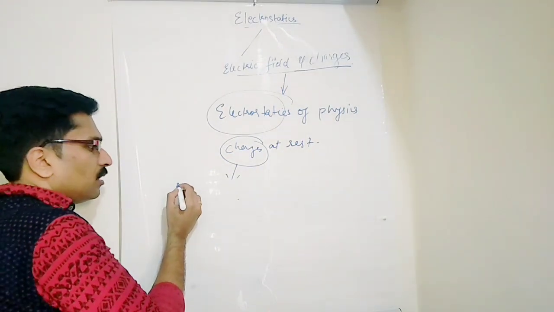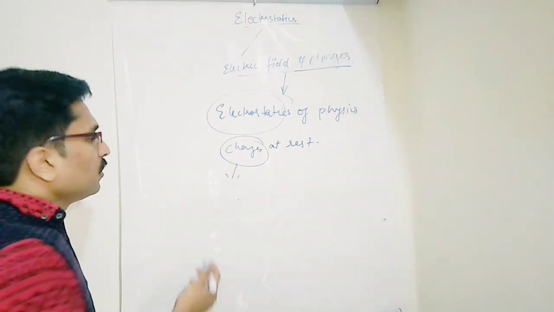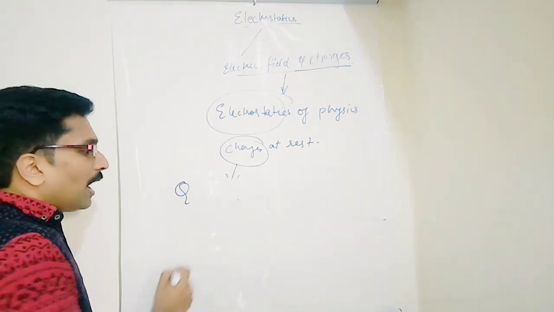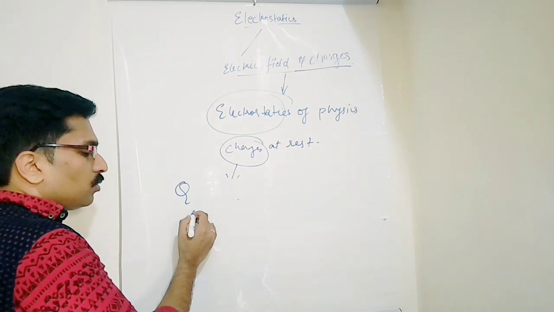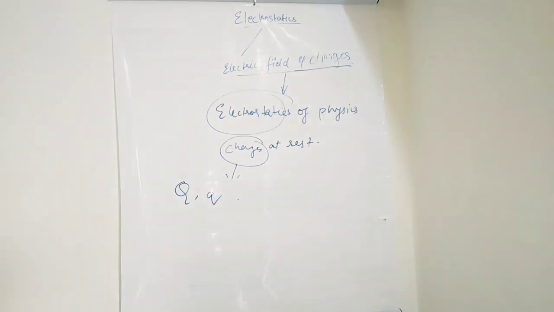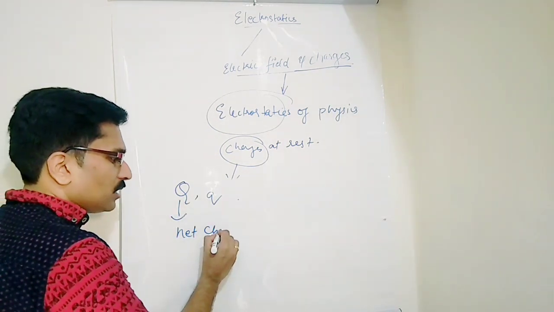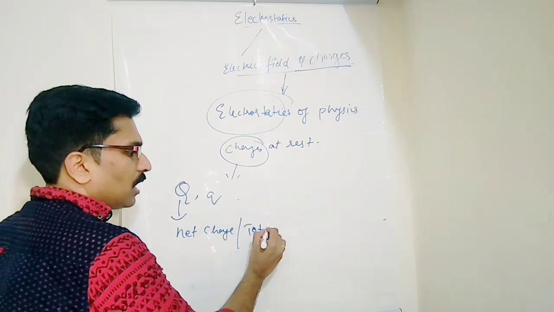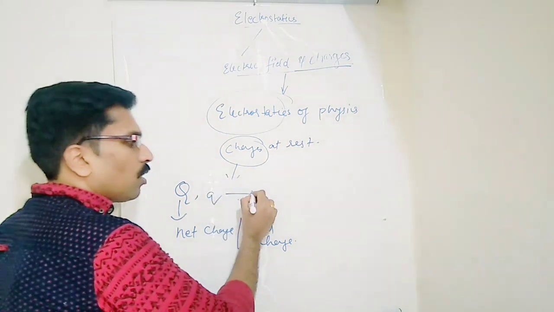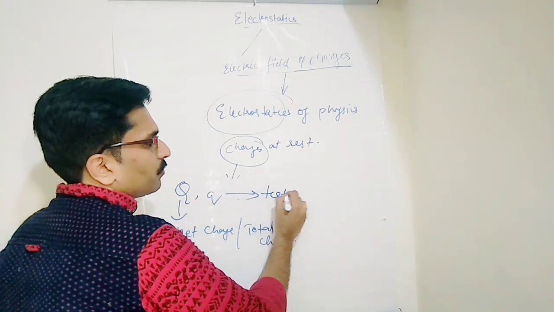Charges are denoted by capital letter Q, and we can also denote them by small letter q. Capital Q denotes the net or total charge, whereas small q denotes the test charges.